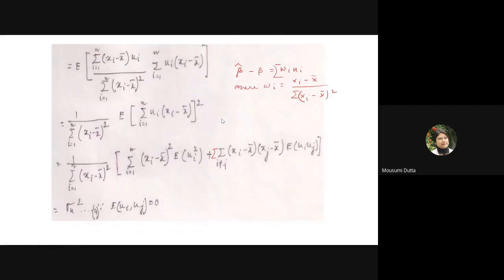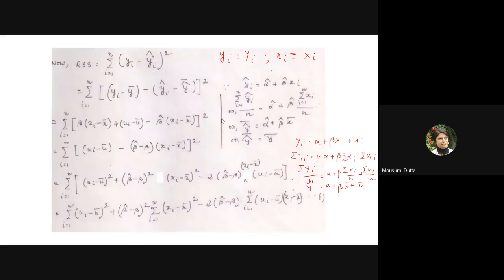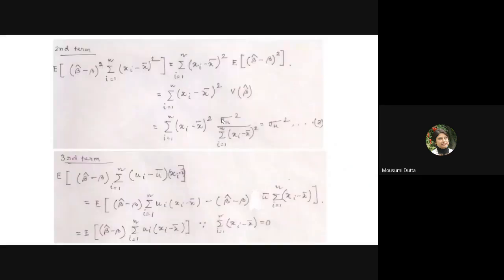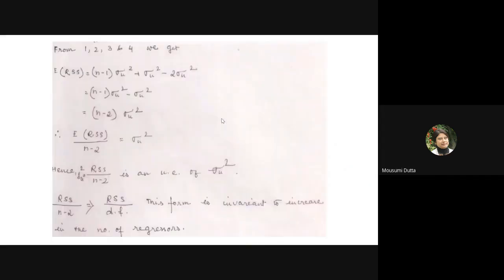The third term is also sigma u square. And in equation number 1, we have minus 2 times this entire thing, so it will be minus 2 sigma u square. Once we adjust the terms, we get this is equal to (n minus 2) into sigma u square.